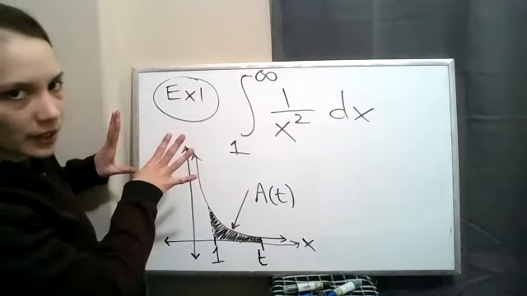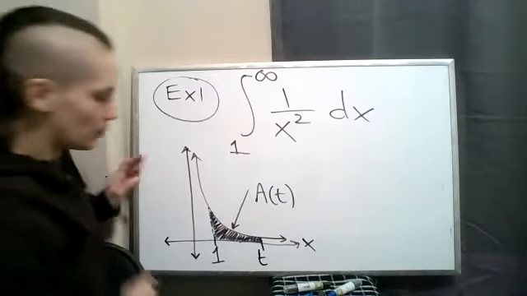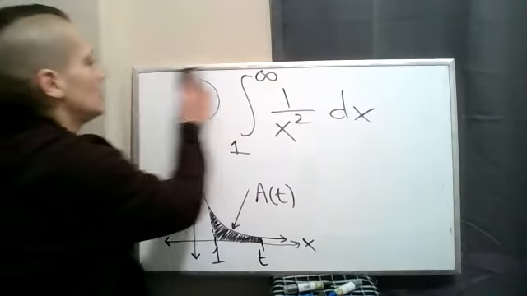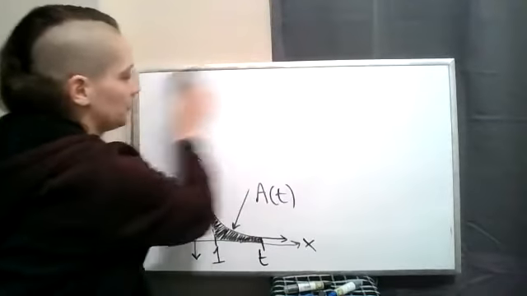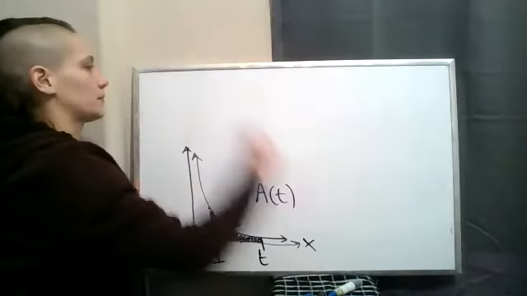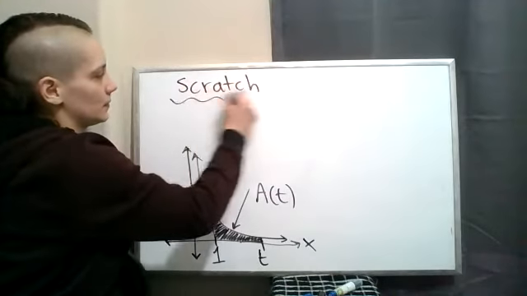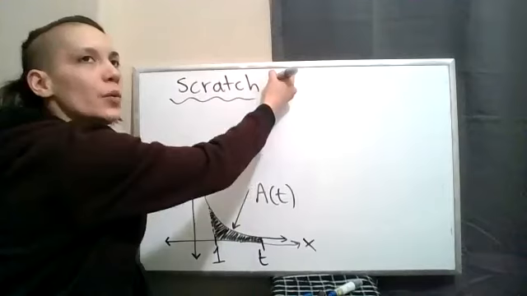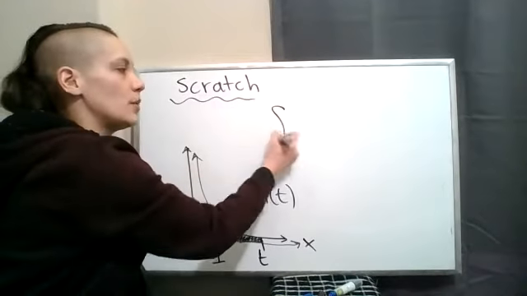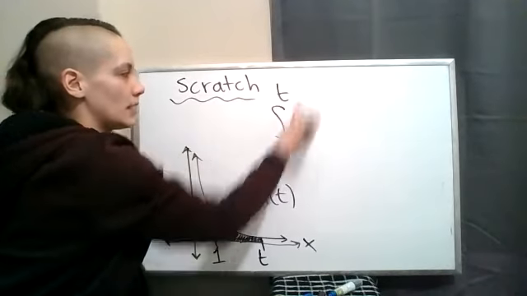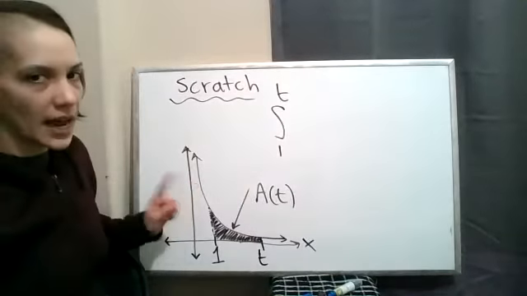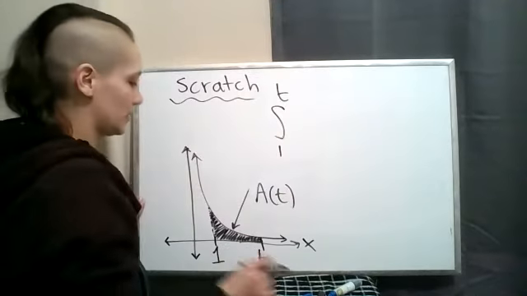I'm going to keep doing some scratch work before we do this problem. So we want to try an integral from 1 to t of 1 over x squared dx.